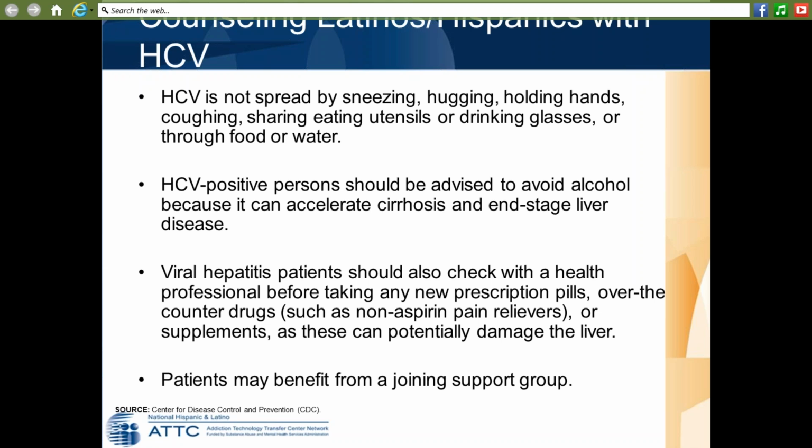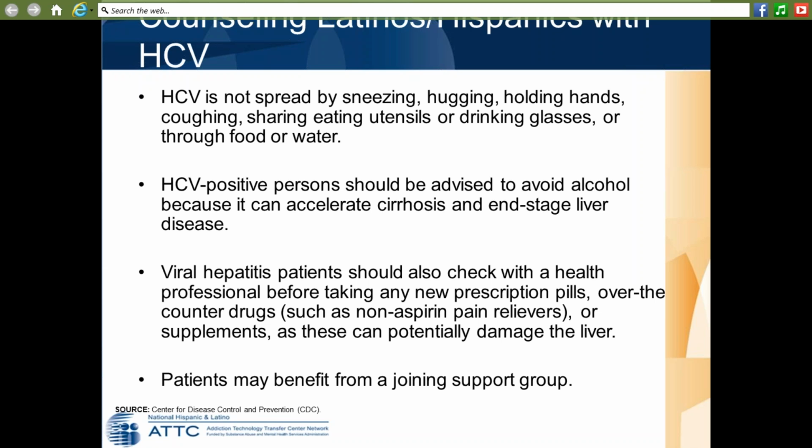HCV positive persons, or persons with hepatitis C, should be advised to avoid drinking alcohol because it can accelerate cirrhosis and end-stage liver disease. And again, Dr. Monterrey talked about this.